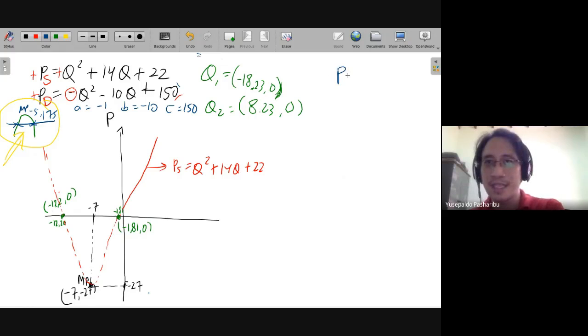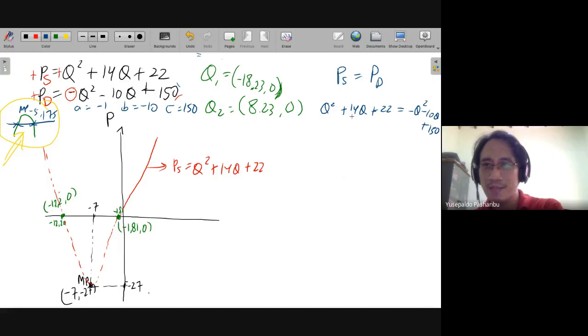So PS equals PT: Q squared plus 14Q plus 22 equals minus Q squared minus 10Q plus 150.